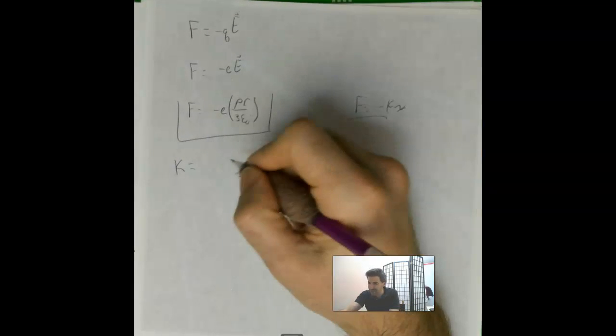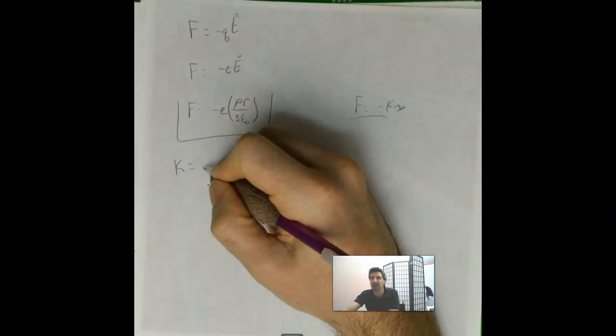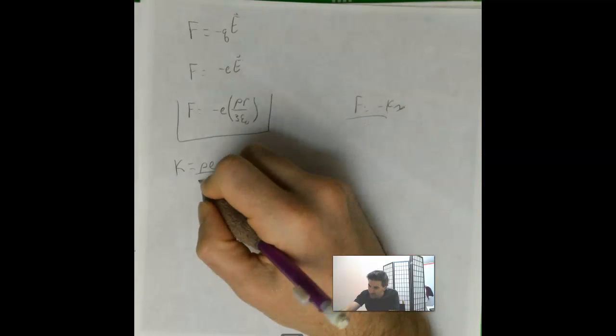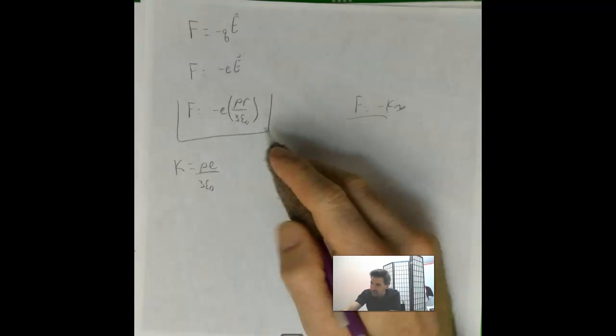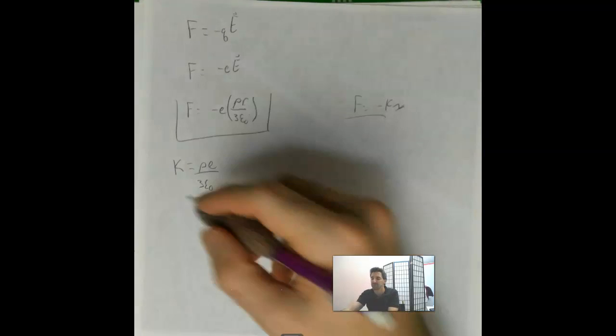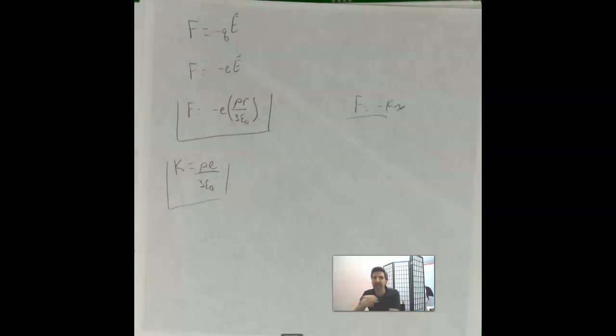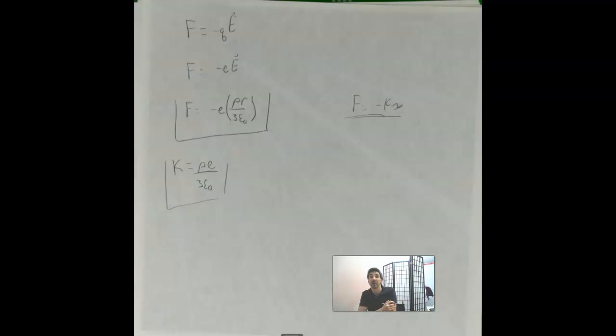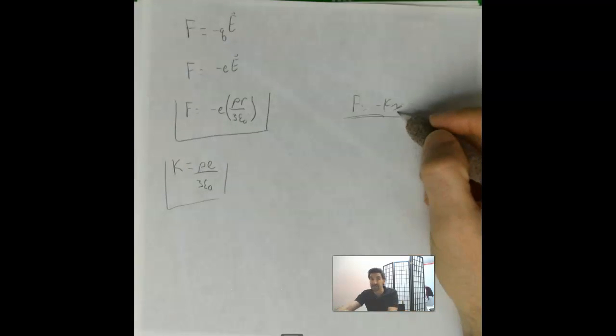So I'm going to let my constant be rho e over 3 epsilon naught, and it's going to be a factor of the radius. I definitely misspoke before, hopefully you picked up on that. But I'm going to let that be my constant in this form, where my radius is my distance x.